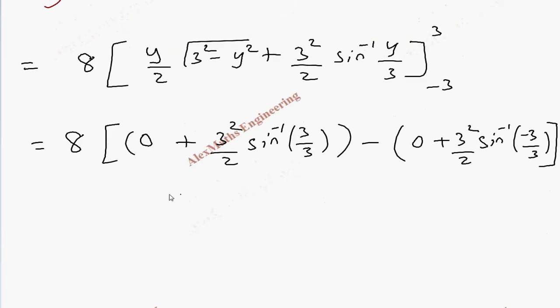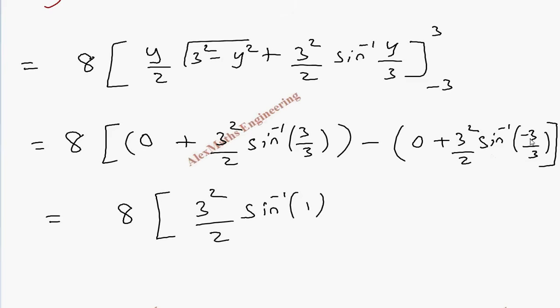Then this is 8 into 3 square by 2 sin inverse 1, and there is a minus sign outside, so plus 3 square by 2 sin inverse of minus 1 becomes sin inverse 1 because of the minus sign outside.